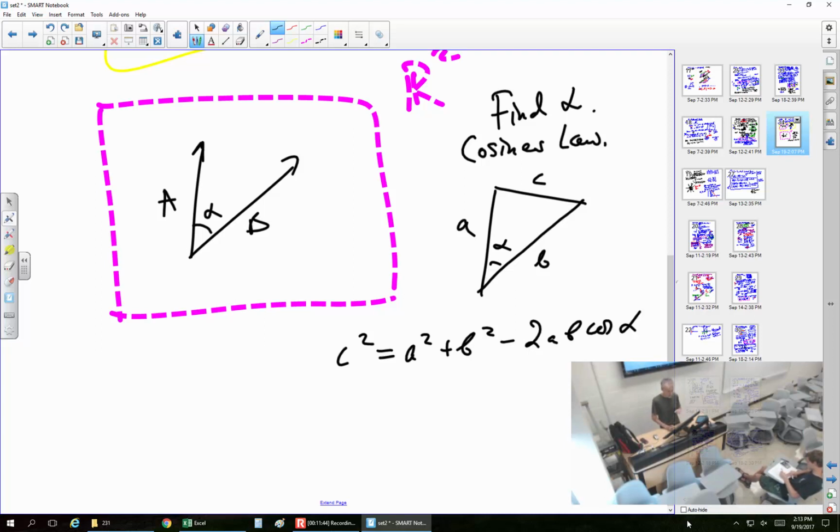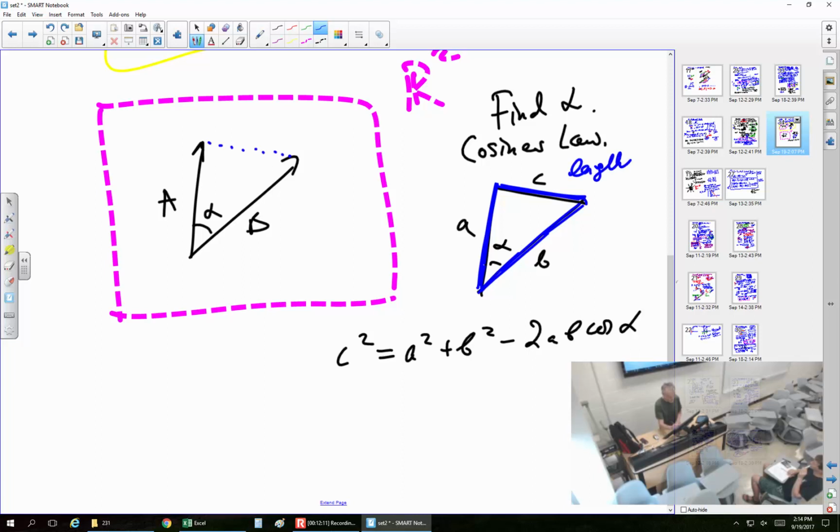Now I am translating this into the language of vectors. This is a triangle from Euclidean geometry, but each side is reinterpreted in terms of the vectors. Specifically, A, B, and C are not really sides, these are lengths.